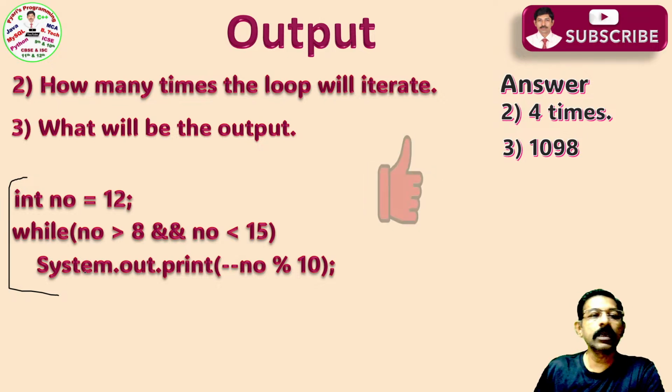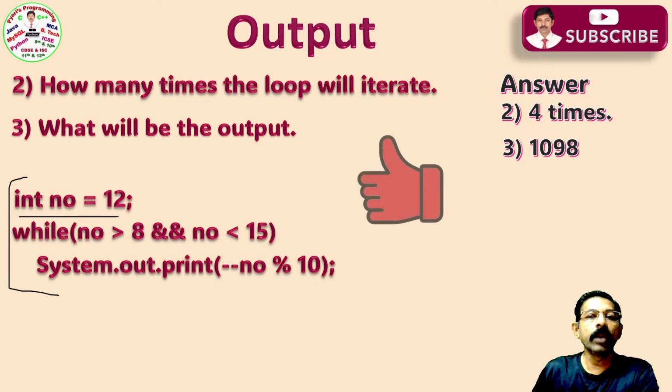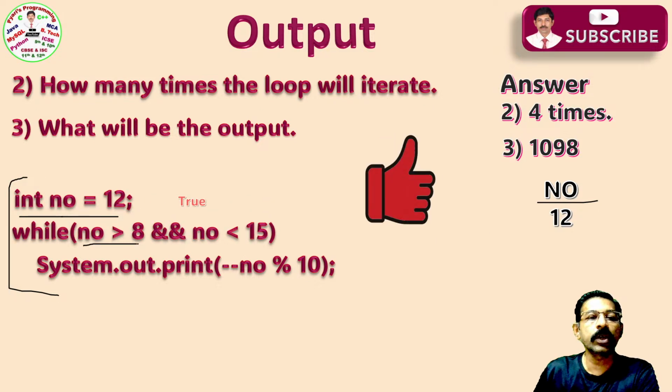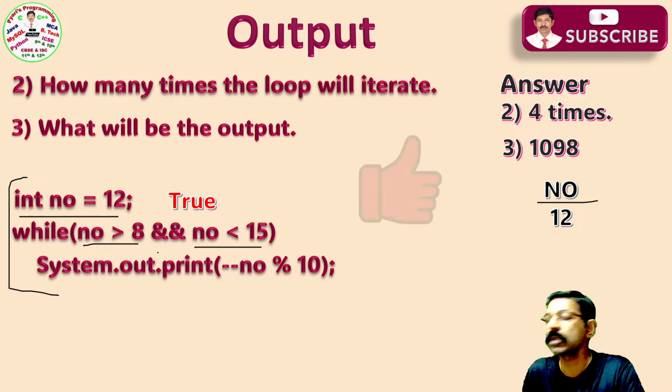Look at this. If the statement is jumping, that means this statement is executed. NO initial value is 12. Now while the loop is executing, NO is greater than 8. Condition is true. NO is less than 15. Condition is true. If both conditions are true, result is true.